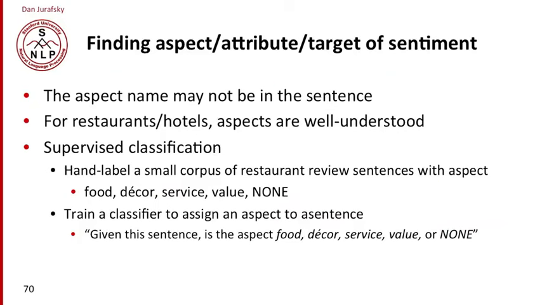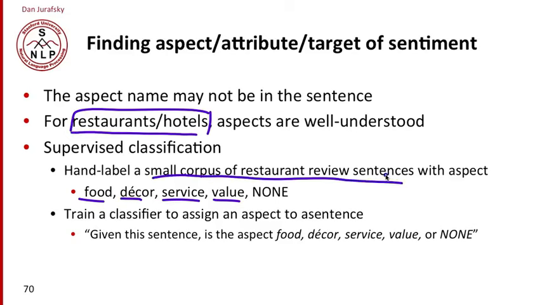In other cases, though, the word that describes the aspect may not be in the sentence. For some sentiment topics like restaurants or hotels, it's pretty well understood what the aspects are that people care about. For restaurants, they tend to care about food, decor, service, value. So for cases where we know in advance what the frequent aspects are, we can take a small corpus of restaurant reviews and hand label it.